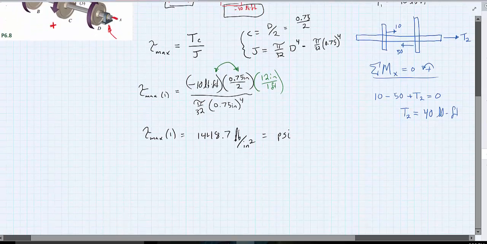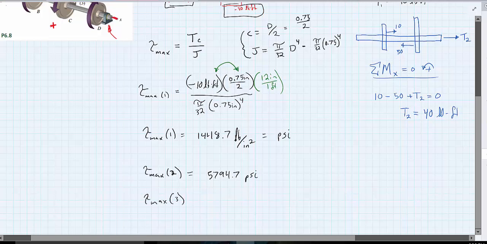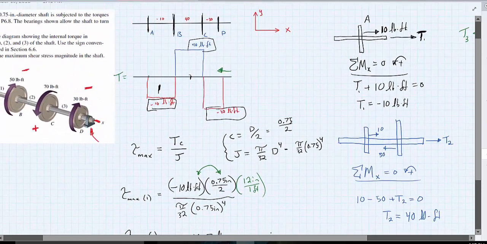If you do the same computations for members 2 and 3, for member 2 you should get 5,794.7 psi, and for member 3, tau max, you should get 4,346.0 psi. And the question asks for the maximum value, which is located in member 2, which makes sense because that's where our greatest torque is applied.